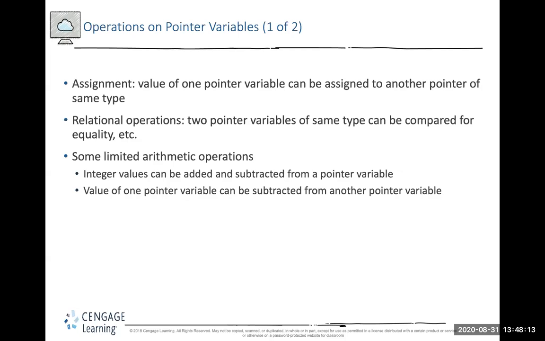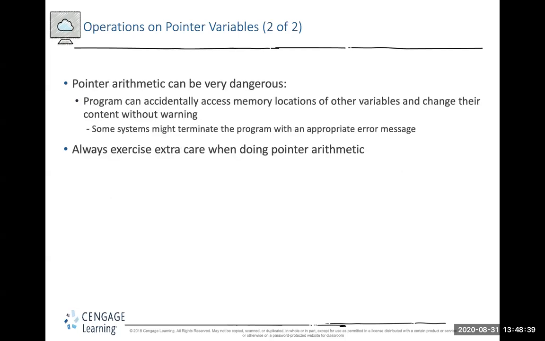You could potentially do some simple arithmetic, like advancing through an array, a continuous memory block. But you have to be careful there. Do not go over the bound, or you may access some random memory location. So it's considered a dangerous operation.